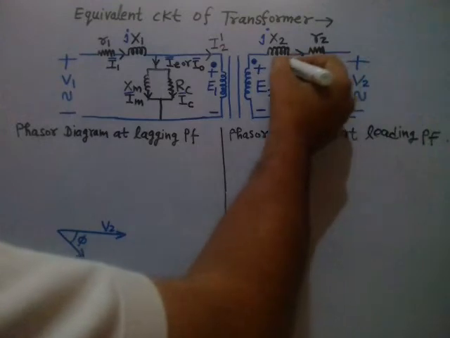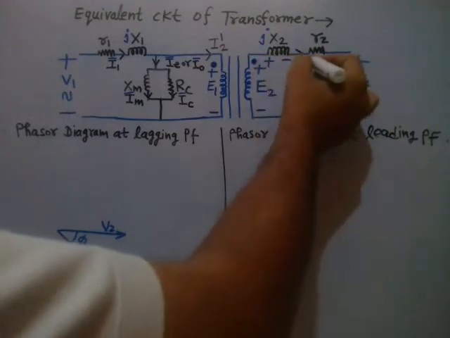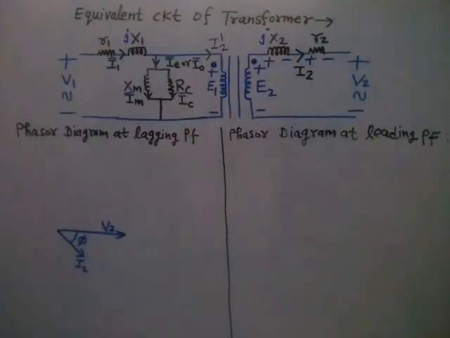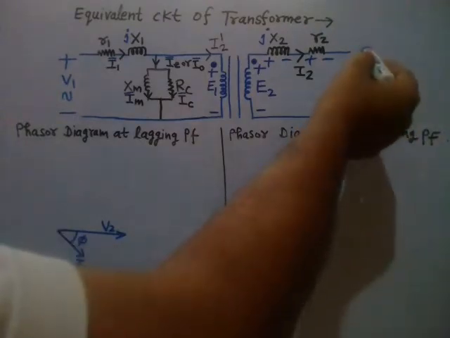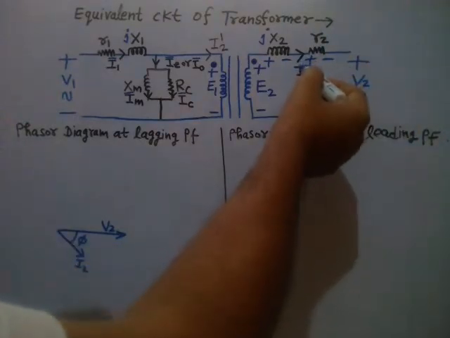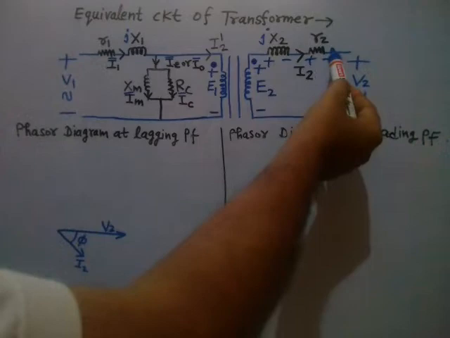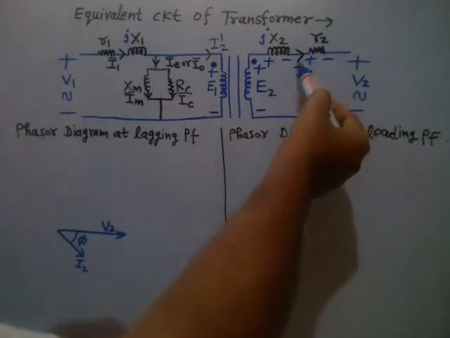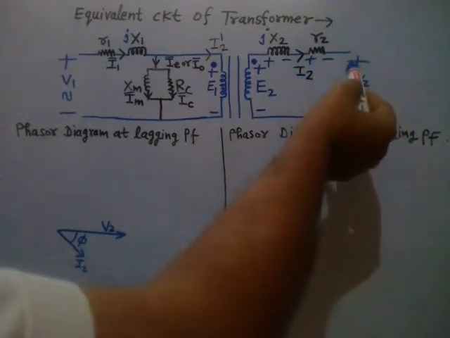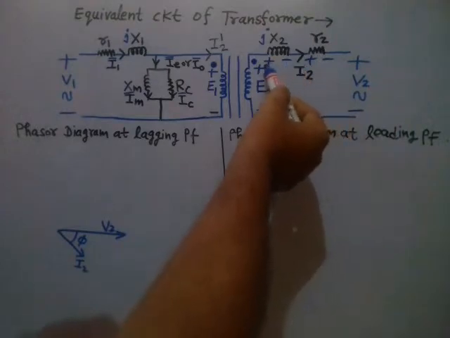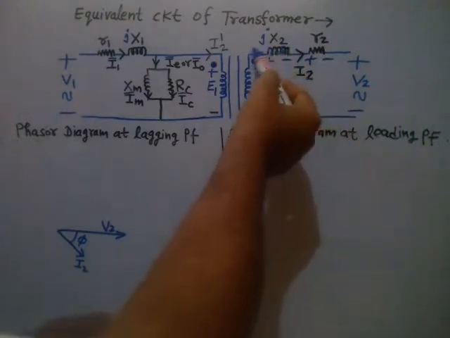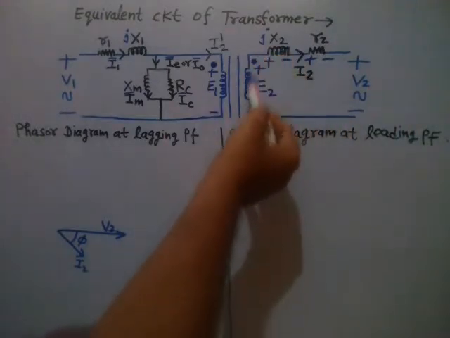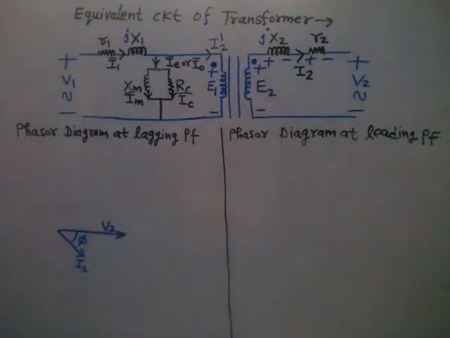So basically you see that I am back propagating, right? I am starting from V2, I have drawn this I2, and now I will add this drop I2R2 to this V2, then I will add j times I2X2, and then I will get E2, right?